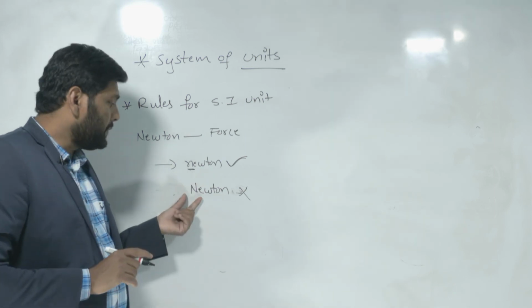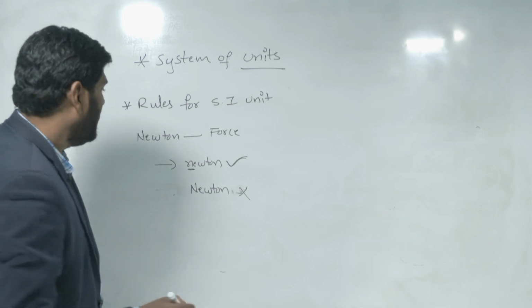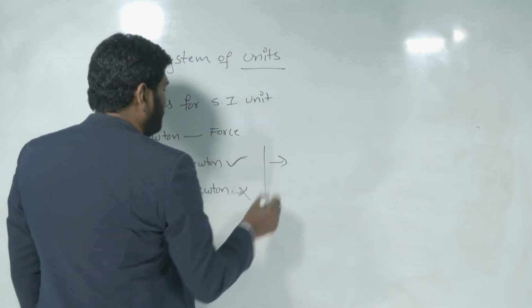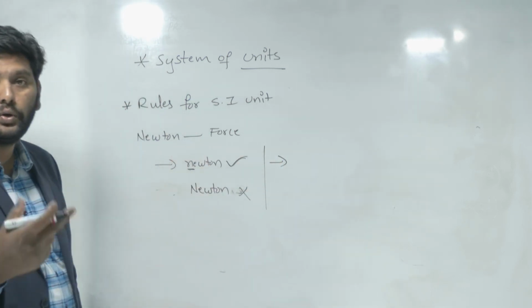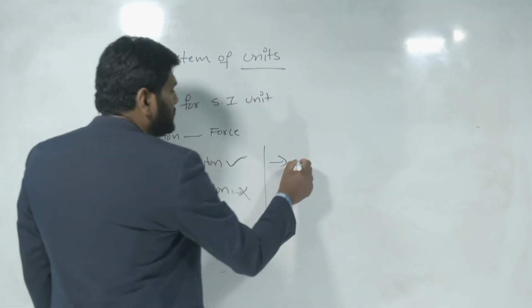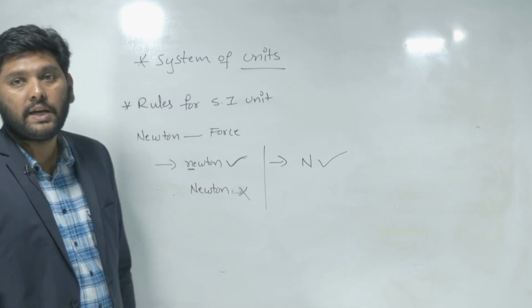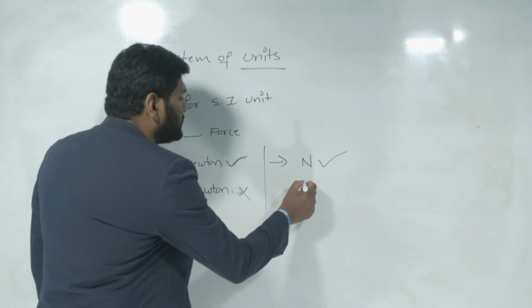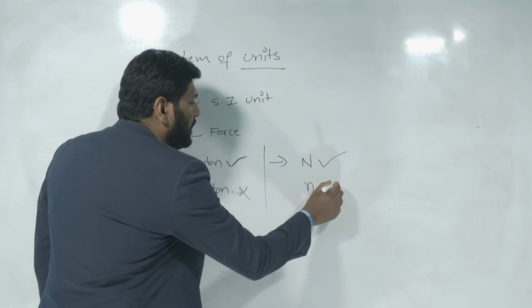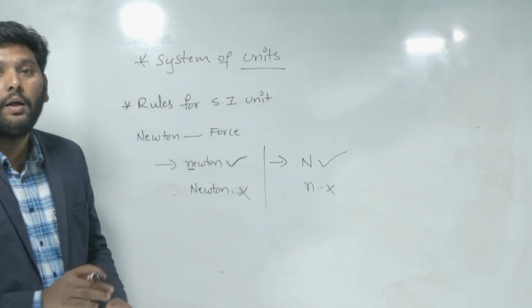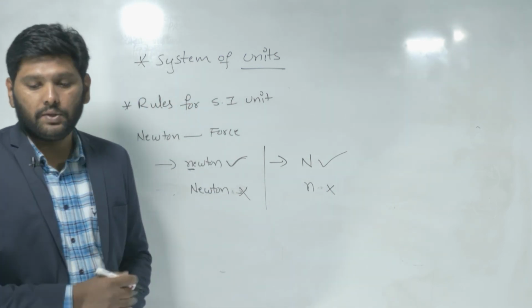If you start with a capital N, it's incorrect. In a similar way, when you show it as a symbol, the symbol must start with a capital N, not a small n. That is how the rules for writing the name as a unit work.